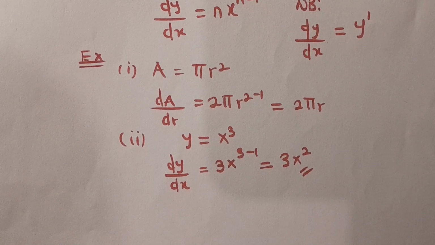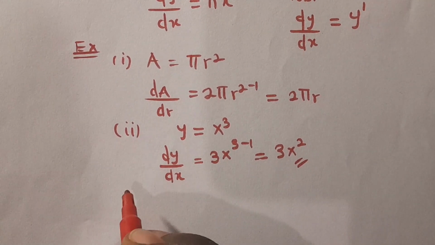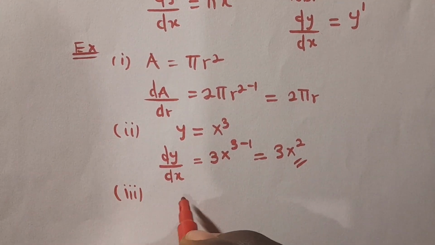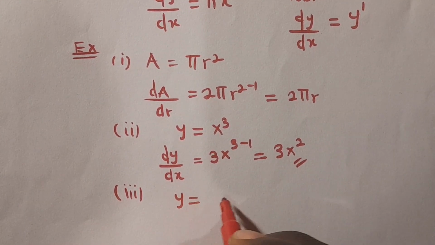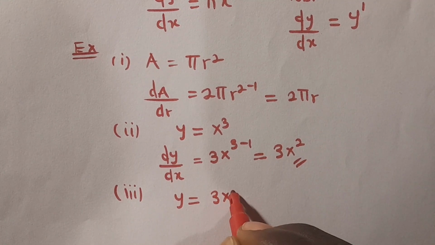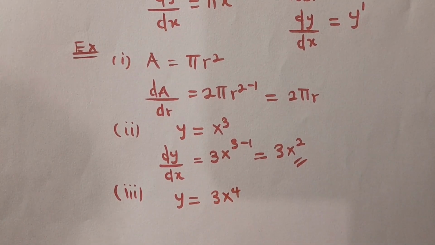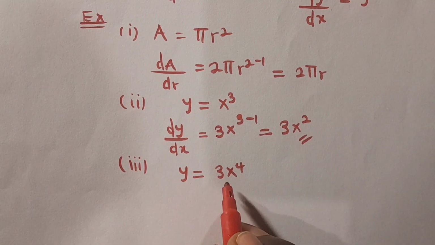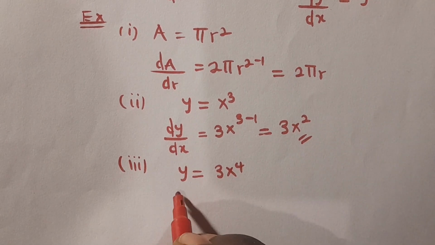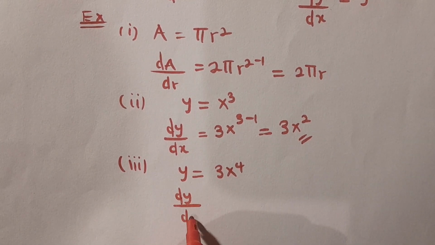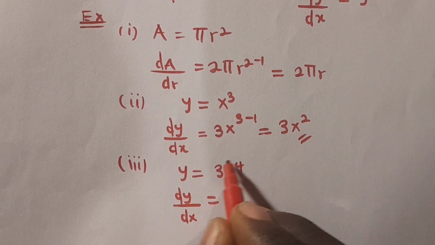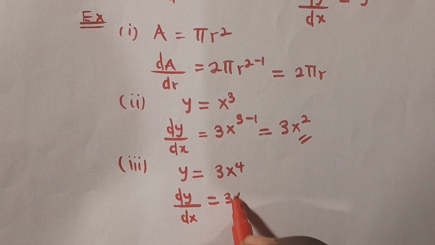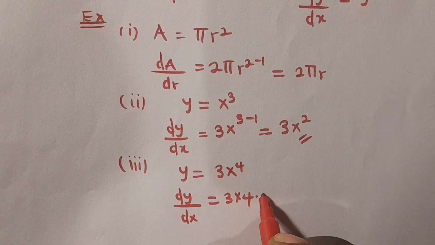And let's take a look at more examples under this. When you have y to be equals 3x raised to power 4. So for this, we want to differentiate y with respect to x. So we are going to have dy over dx to be equals, this 4 will come here, and we have 3 multiplied by 4 multiplied by x.